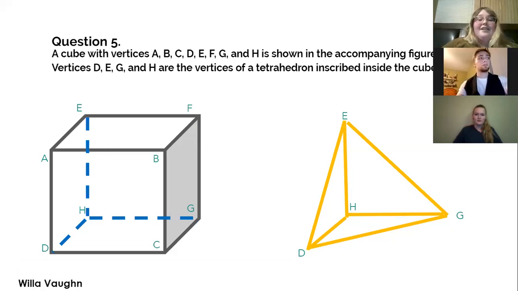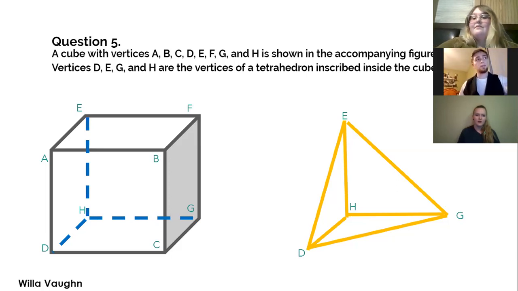What makes it a tetrahedron and not just 2 shapes inside of each other is that they can't share a face. So that shape is going to be independent of the faces of the cube. They're not going to share a face. And so you see where it cuts off, you'll see that the vertices will make your face for it.